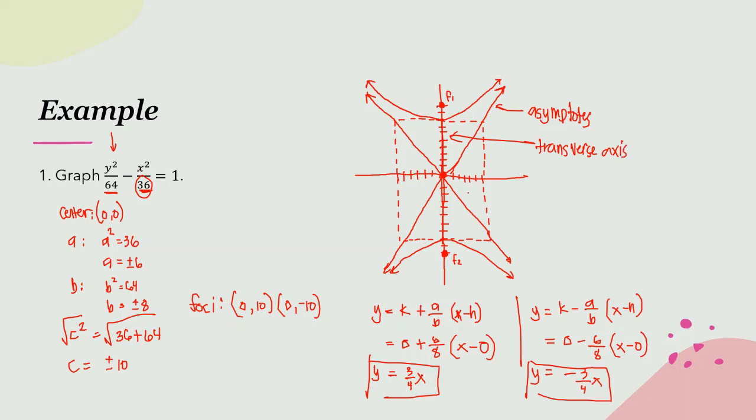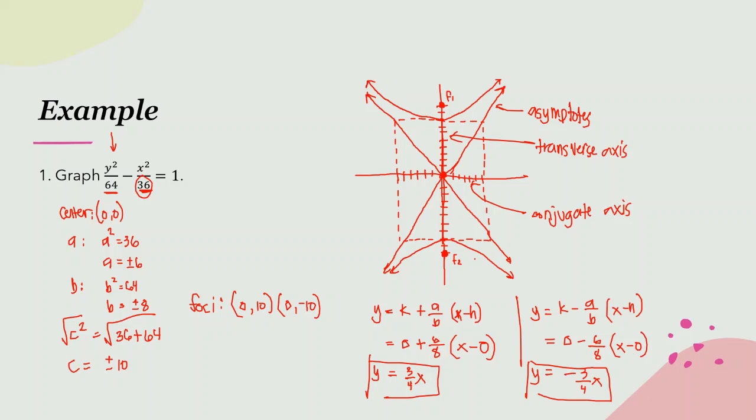We also have the conjugate axis or the horizontal axis. And we have the foci here. We have the vertex in here. And we have the hyperbola. Okay, so I hope this example is clear.